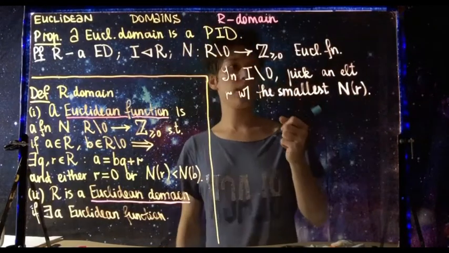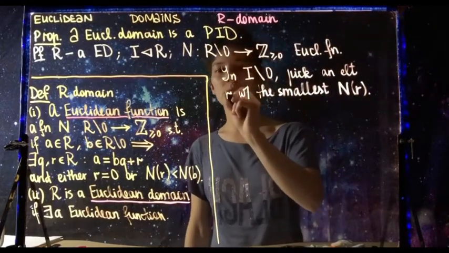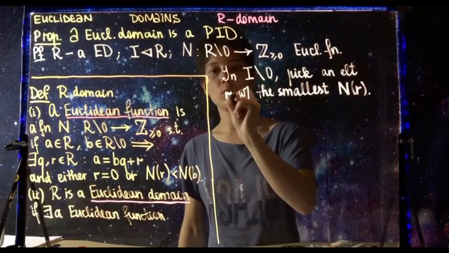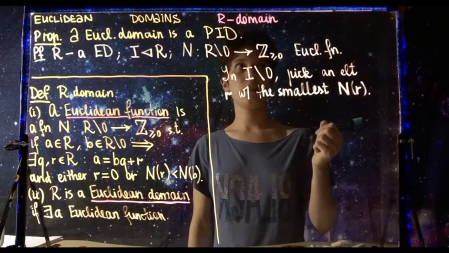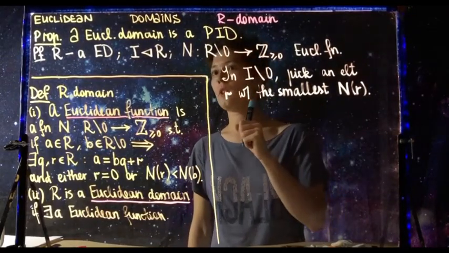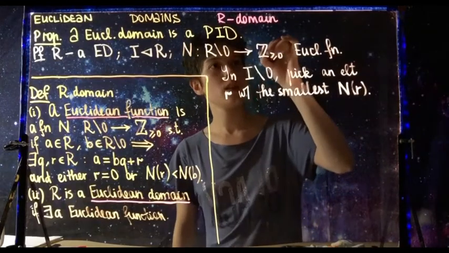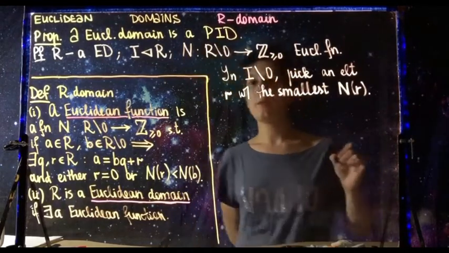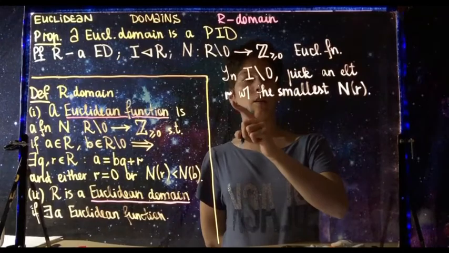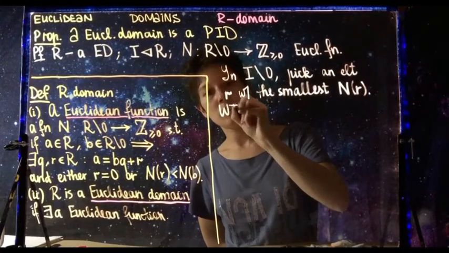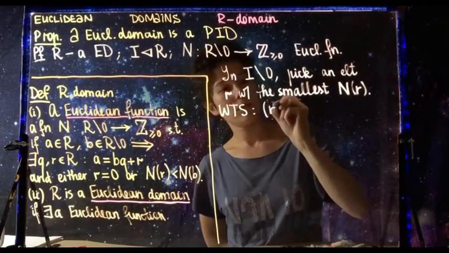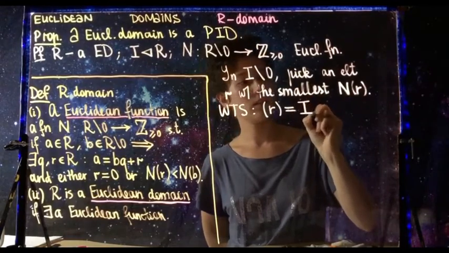And there may be several such elements. For example, for integers, we could take the negative counterpart of the integer that we took in the beginning, but it's not a problem. We can show anyway that R generates the ideal I.